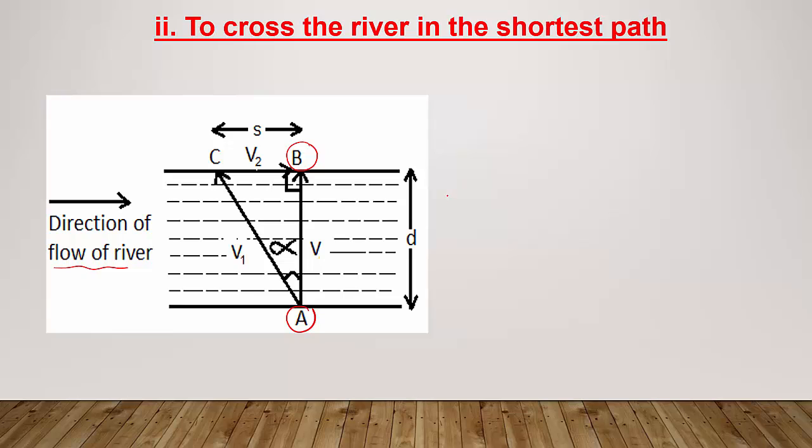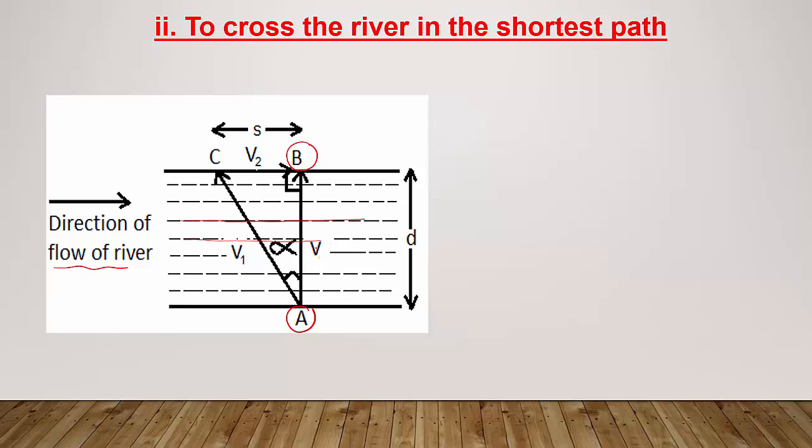See here, let the river be flowing from left to right. It is desired that the swimmer must swim perpendicular to the direction of flow of the river. So this is the direction of flow of the river. So perpendicular to this direction, the swimmer has to swim to cross the river in the shortest path.